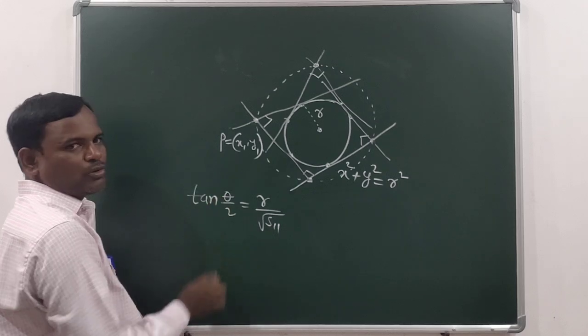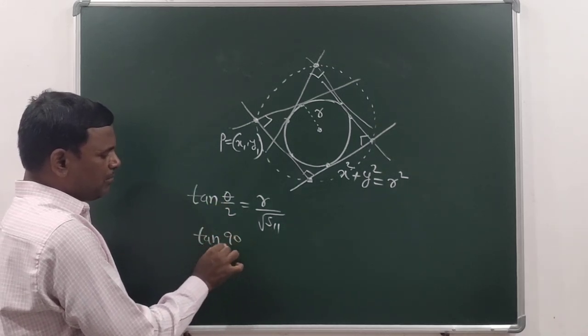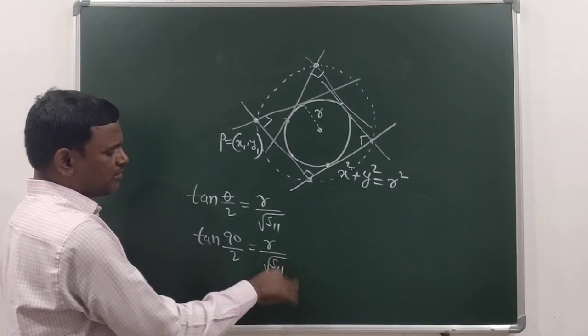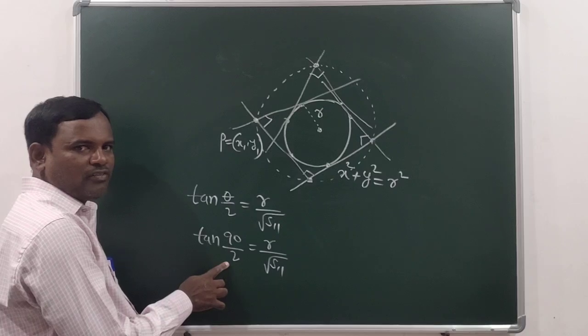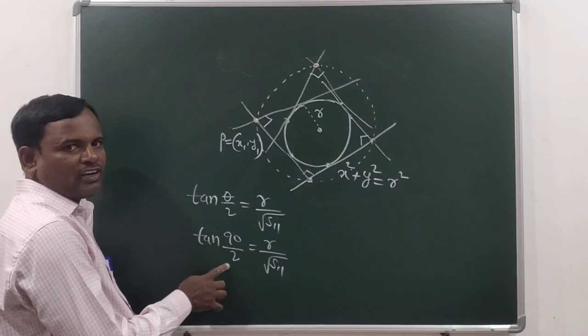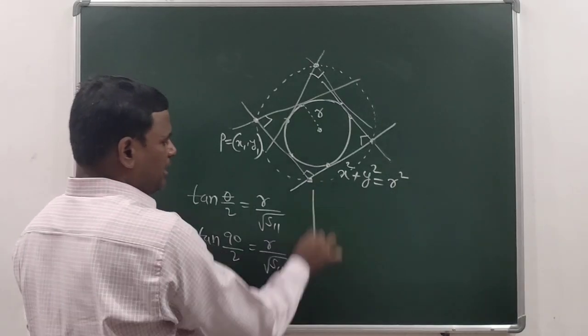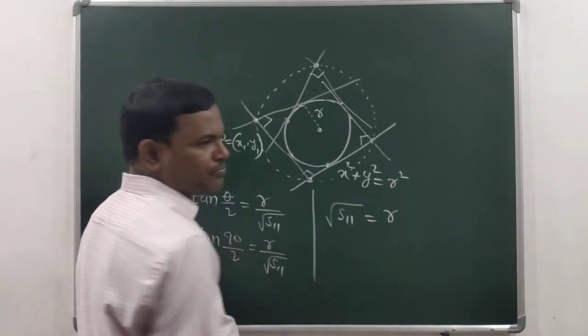To find this required locus equation, I have taken this tan theta by 2 equal to r by root s11. See here students, you know here angle between the tangents is 90 degrees. Put theta is equal to 90. Then it will become tan of 90 by 2 equal to r by root s11. 90 by 2 becomes 45. As you know, tan 45 is equal to 1. Now bring it to the left side so that here you will get square root of s11 which is equal to r.